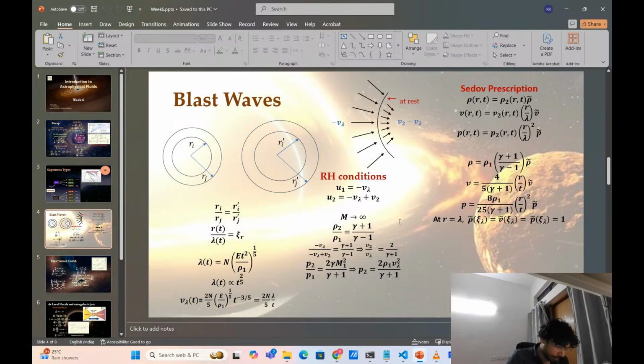And let me write down these expressions which we obtained from the RH conditions.